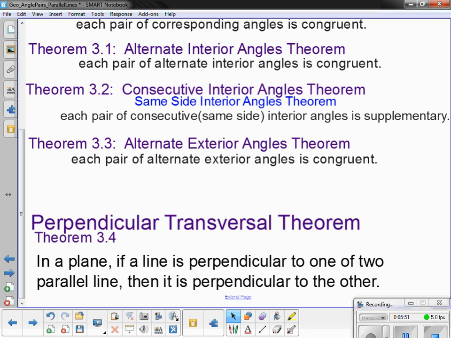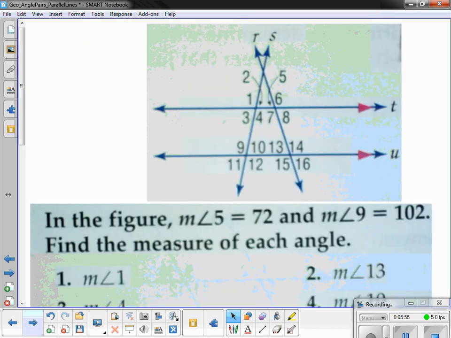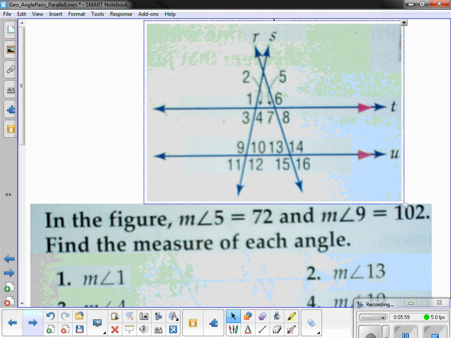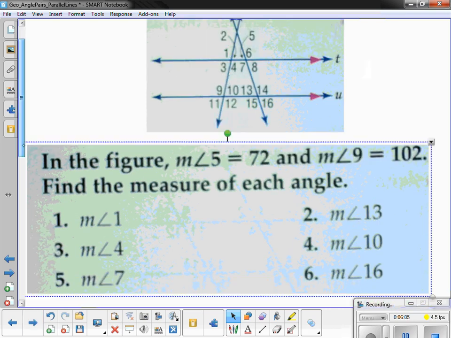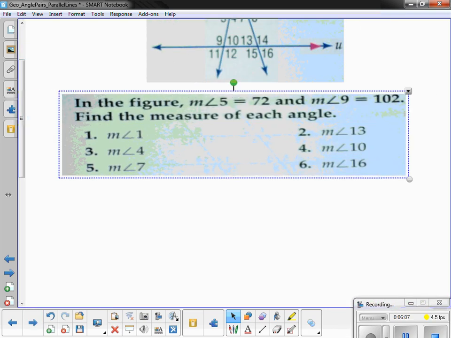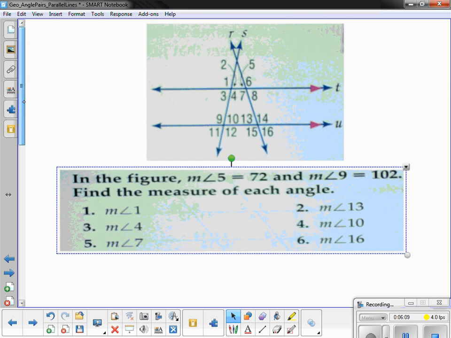Okay, so now let's see if we can actually put these 4 theorems to use. So here I have this figure. It's big, so I have to shrink it down just a little bit so I can get all these problems up here. They want us to find the measure of some angles.